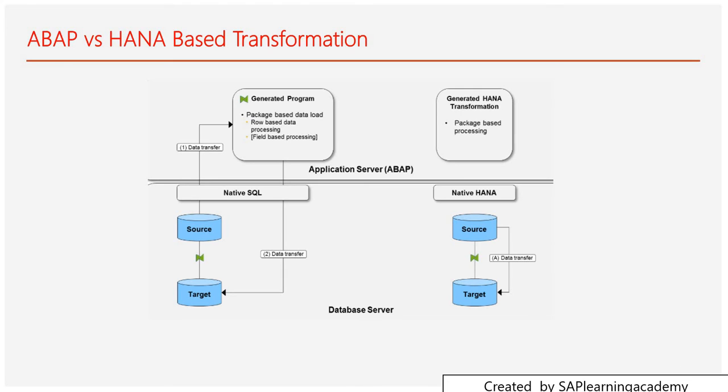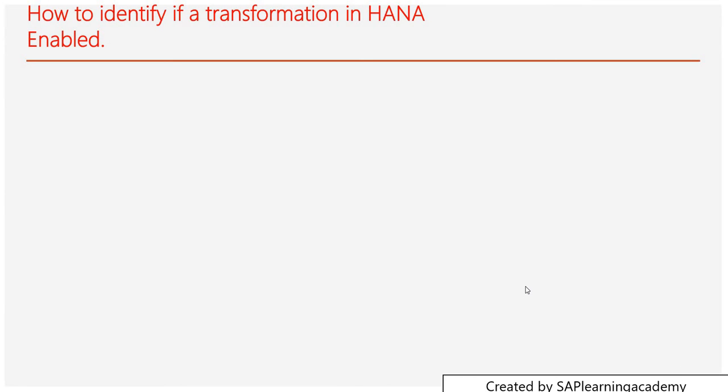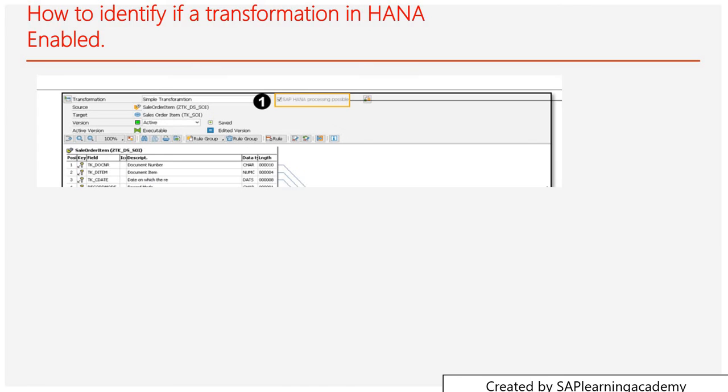Now we are moving ahead with the next part of this tutorial: how to identify if a transformation is HANA enabled. If you are working on an SAP HANA system as a developer or consultant, it is a very basic thing for you to be able to identify whether the transformation is HANA enabled.